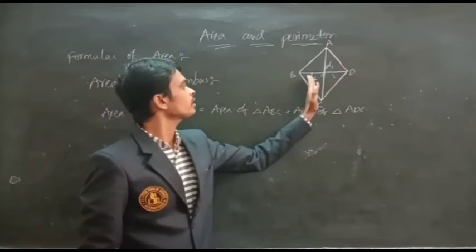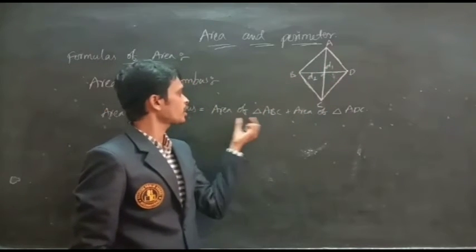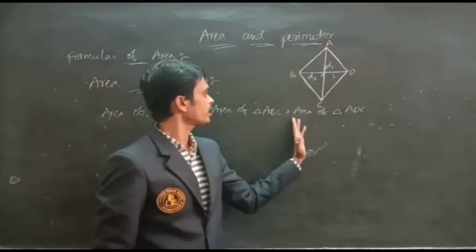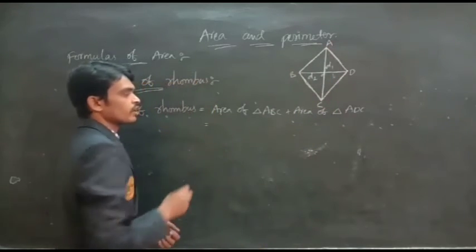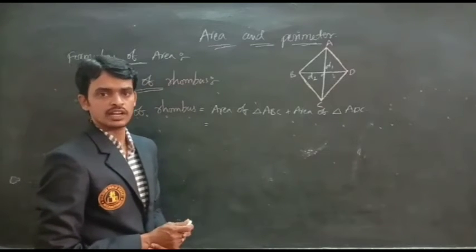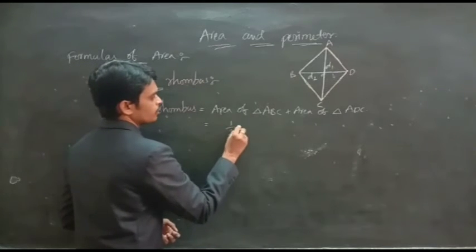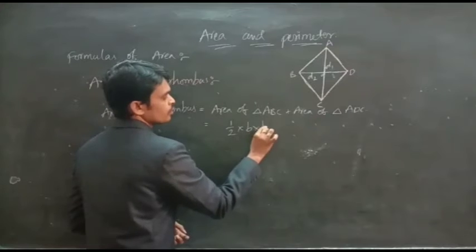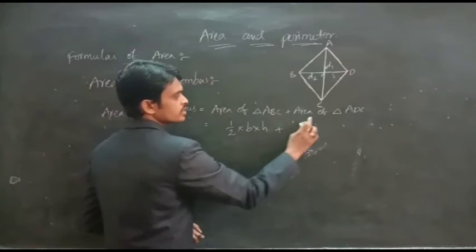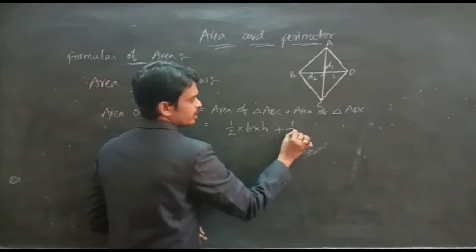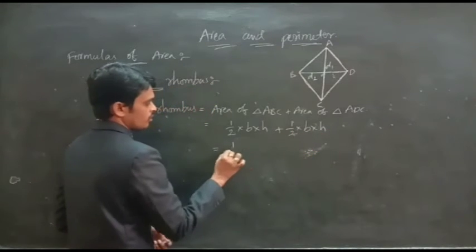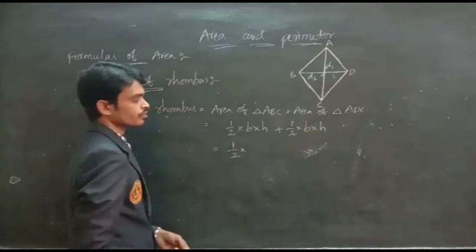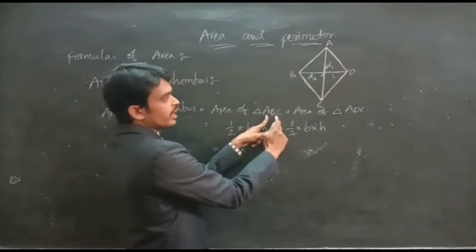Now let us find the area of the two triangles, area of triangle ABC and area of triangle ADC. So what is the formula of a triangle? Area of a triangle is half into base into height, plus the same for the other triangle, half into base into height. Now half into, which triangle?